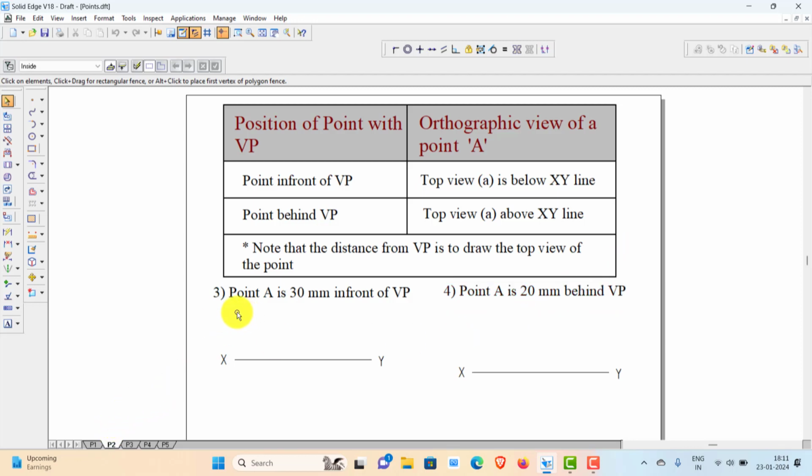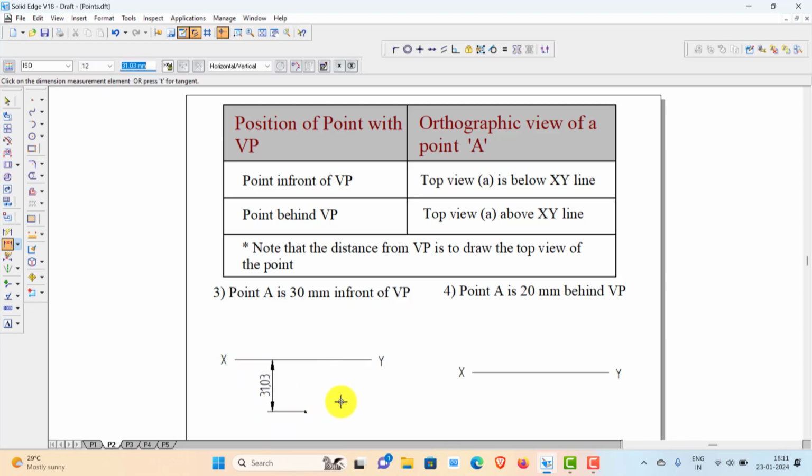So let us consider a point A, which is 30 mm in front of VP. When it is in front of VP, you should interpret it as top view below the XY line. You can take the point, mark the top view, and adjust the distance between the point and the XY line.